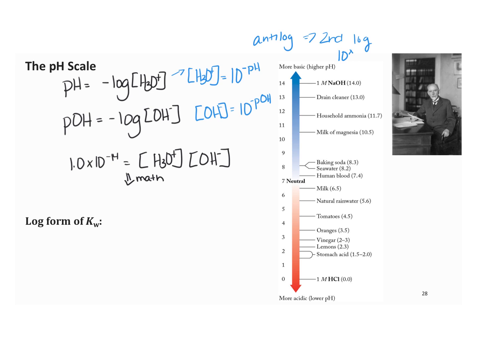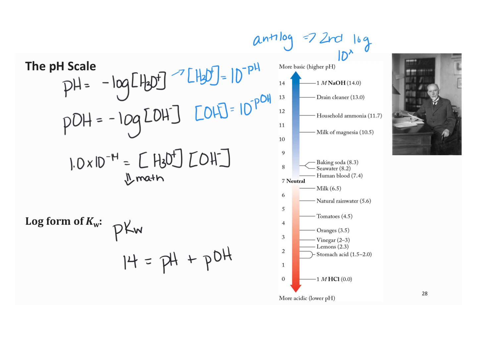And so we come down here, and that's our pKw. When we take the negative log of 1 times 10 to the negative 14th, that gives us 14, and that equals the pH plus the pOH.